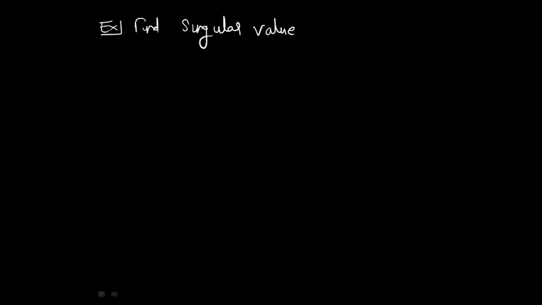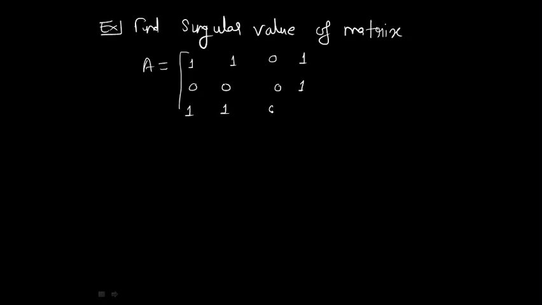So find the singular values of the matrix, say A is equal to 1 1 0 1, then 0 0 0 1, then next we have 1 1 0 0.